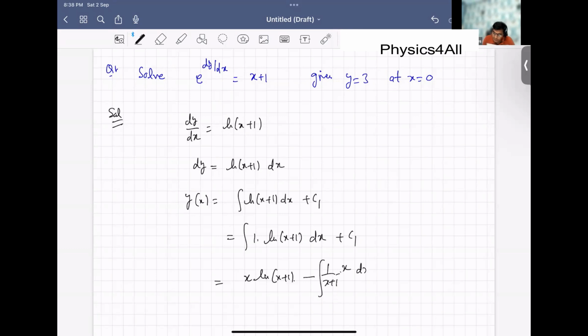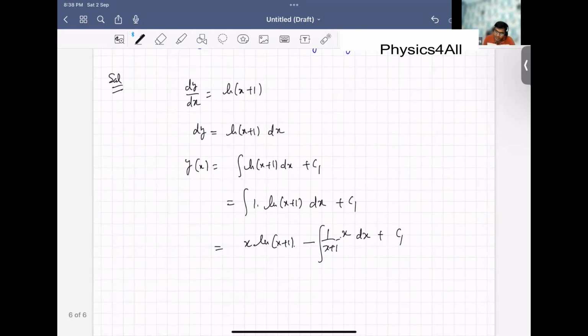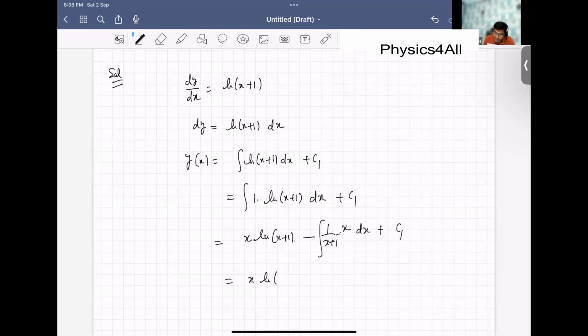Fine. So you get x ln(x plus 1) minus, you can add 1 and subtract 1. When you add 1, you get x. When you subtract 1, you get plus ln(x plus 1), and c1.